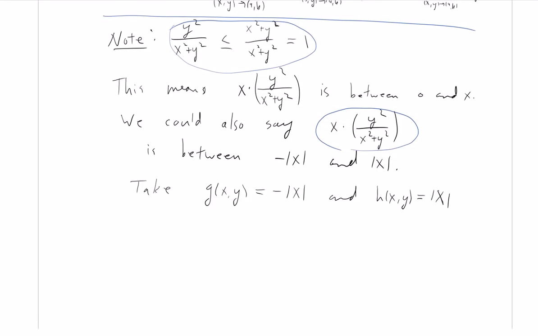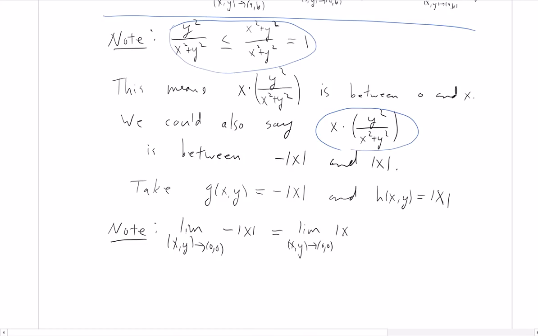So now just to finish it up, let's notice that the limit as x and y both go to 0 of both minus absolute value of x and absolute value of x are both 0. So now here's our conclusion.